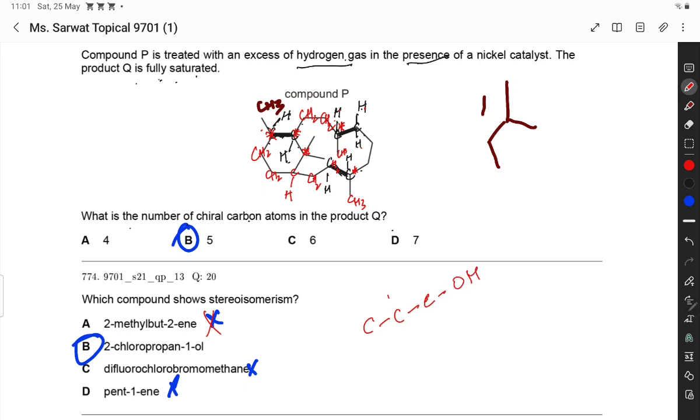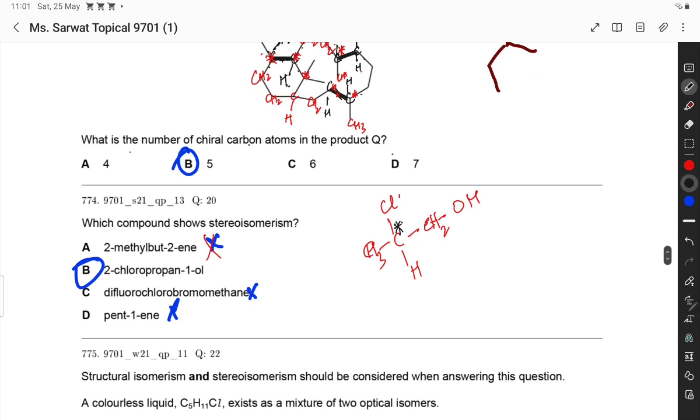This is chloro, H, CH2 and this CH3. So this is a chiral carbon. This carbon is surrounded by 4 different groups, and this compound shows stereoisomers.